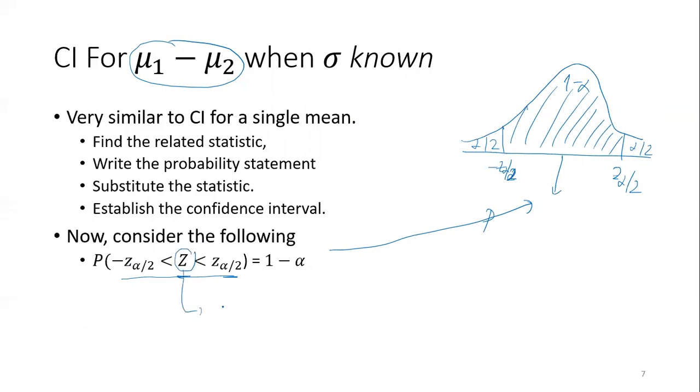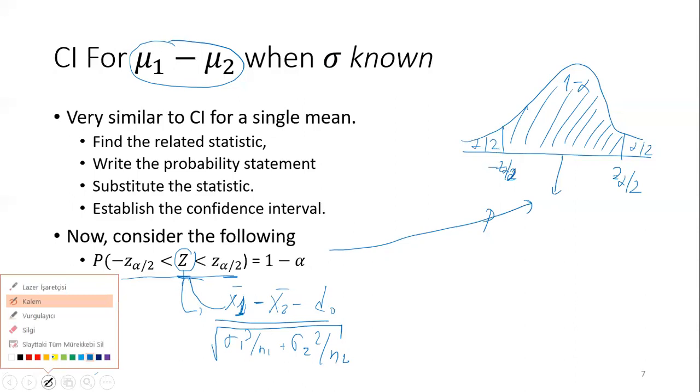What's next? I know that x1 bar minus x2 bar minus (mu1 minus mu2, which comes from the hypothesis as d0) divided by the square root of sigma 1 squared divided by n1 plus sigma 2 squared divided by n2 is approximately standard normal, so I just plug it in.